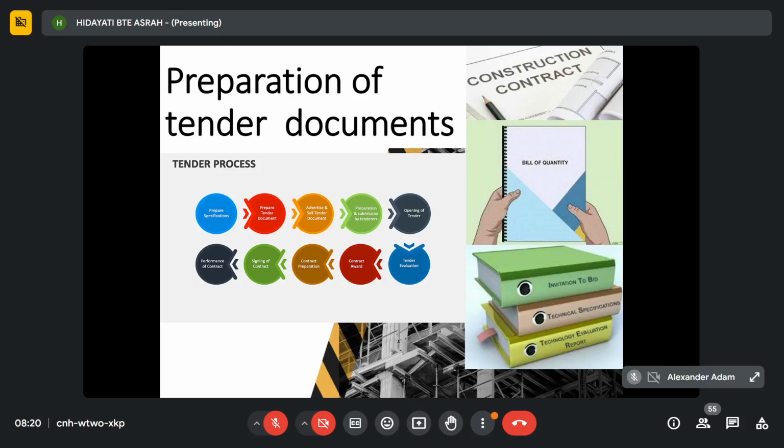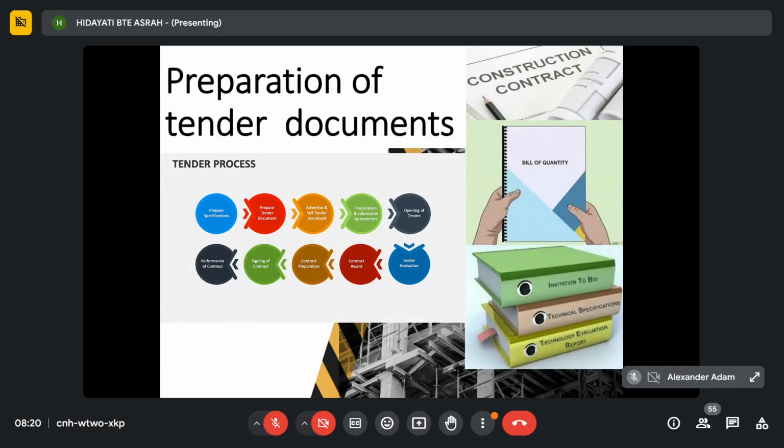Usually tender documents include preparation of the bill of quantities, the team that will execute the tender, summary of tender, and so on. This involves the specification and so on. So this is the last criterion that needs to be considered when you do the design and execution of the construction project.